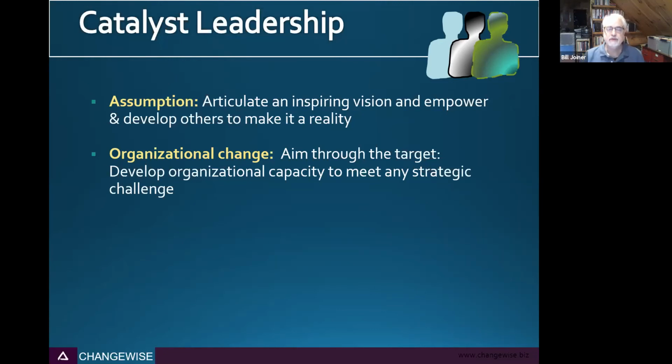So here's a realization that with the environment being so unpredictable, obviously you can't create a 10-year strategic plan. You'll have to throw it away in a few months. But what you can do is develop capacities in the organization that allow it to be really good at sensing and responding to the environment as it emerges.